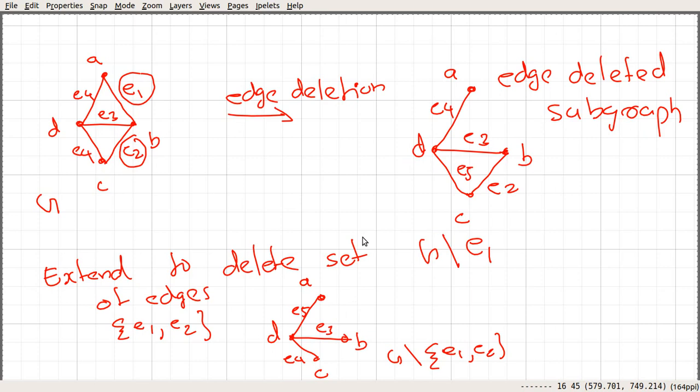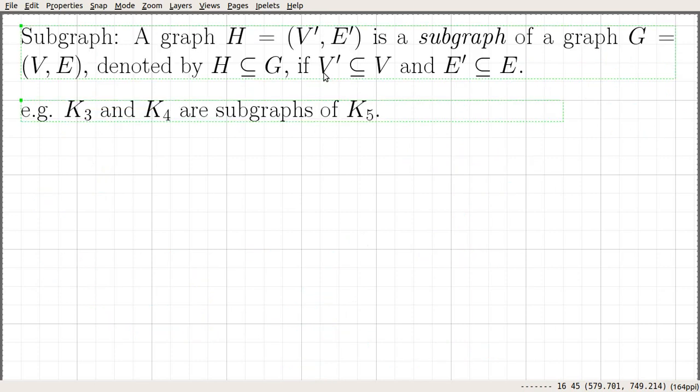Let's look into the formal definition of a subgraph. A graph H = (V', E') is a subgraph of a graph G = (V, E), and it is denoted like this. We use the same subset notation to denote the subgraph.